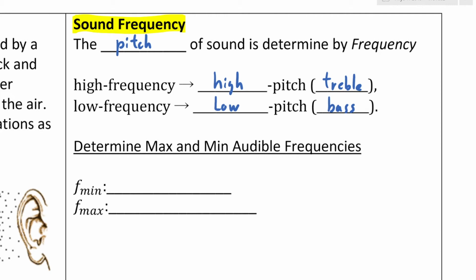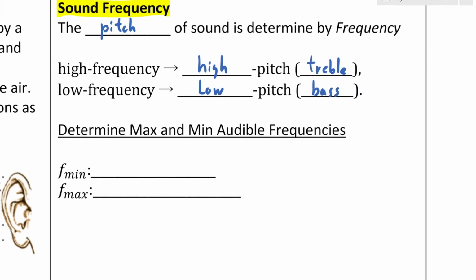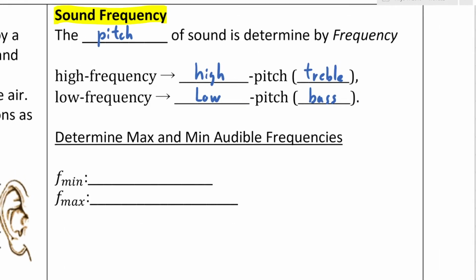Now human ears, on the other hand, cannot actually hear all the frequencies. We have limitations on what we can hear. So let's take a minute and watch a YouTube video, which should be on the course webpage under Physics 11 and waves, and let's study what the maximum and minimum audible frequency is for human ears.